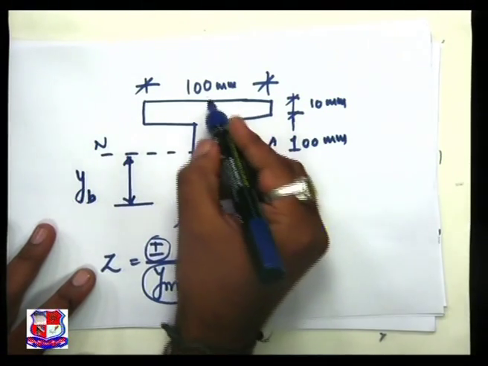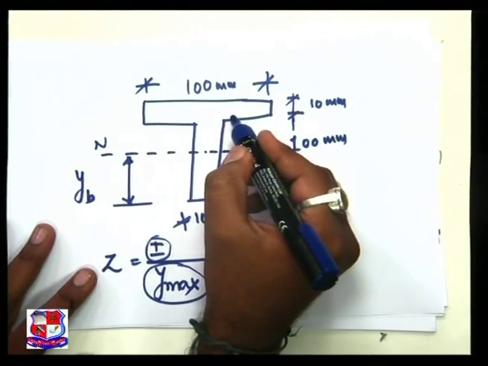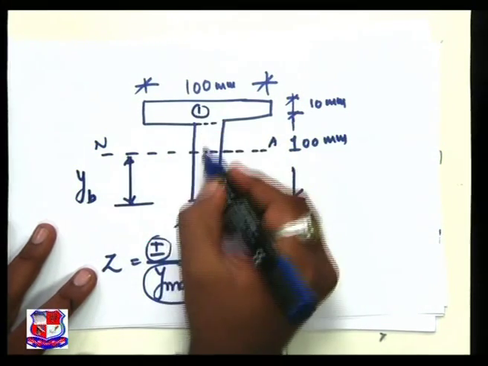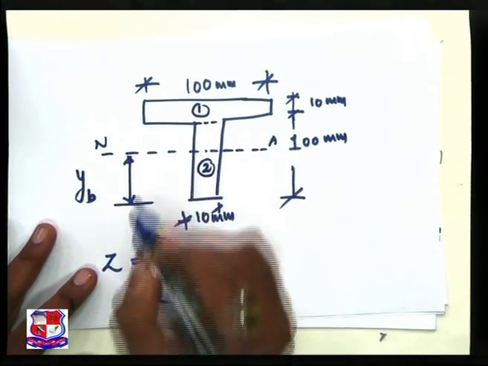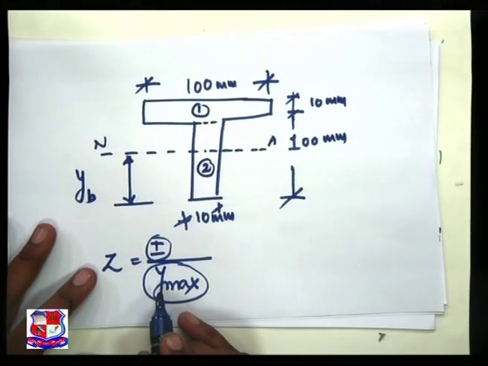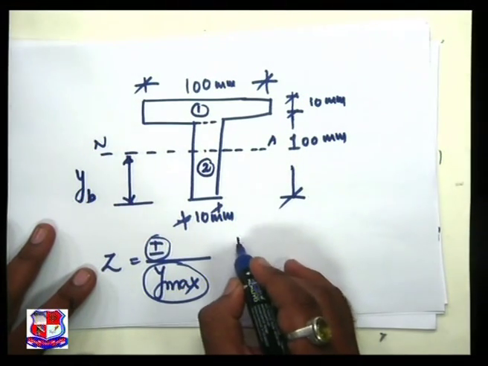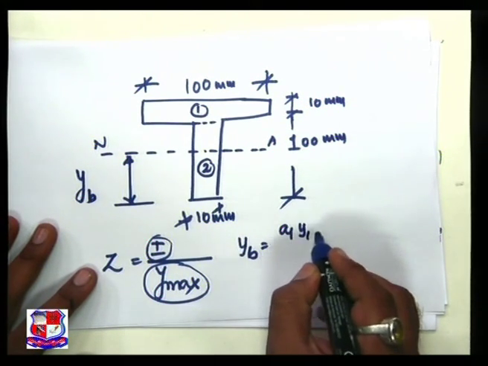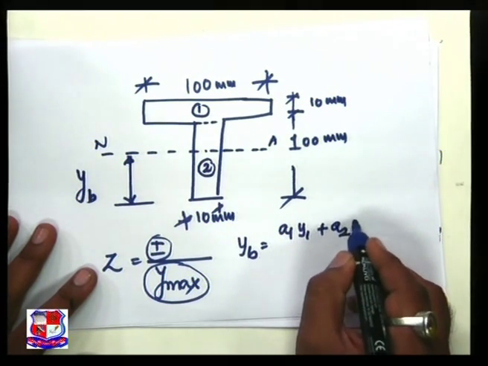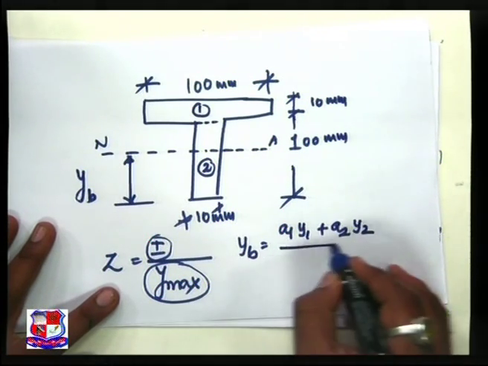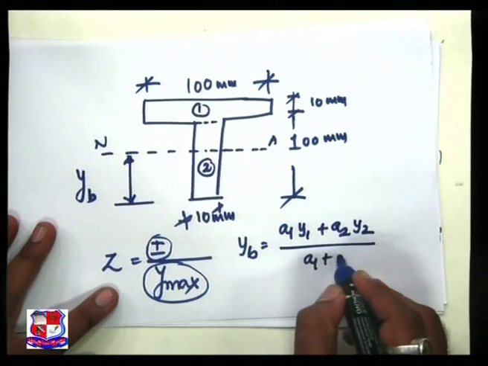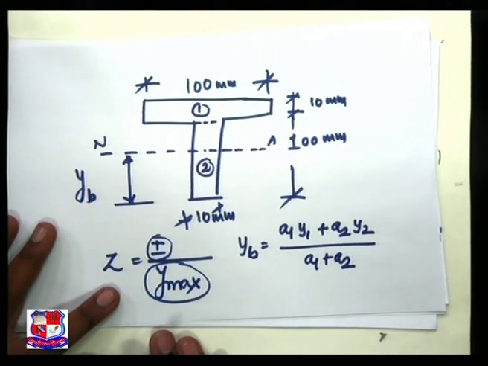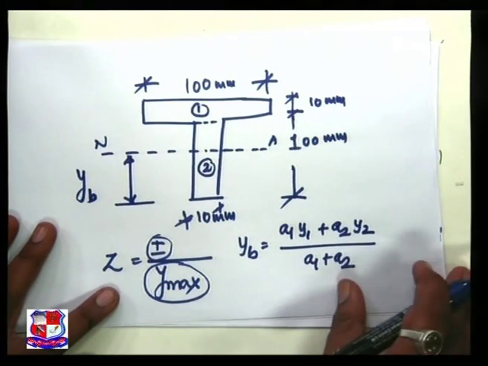Let us divide this T section into two parts. First rectangle, second rectangle. So yb is equal to a1 y1 plus a2 y2 divided by a1 plus a2. This is the basic equation to find out the centroid.